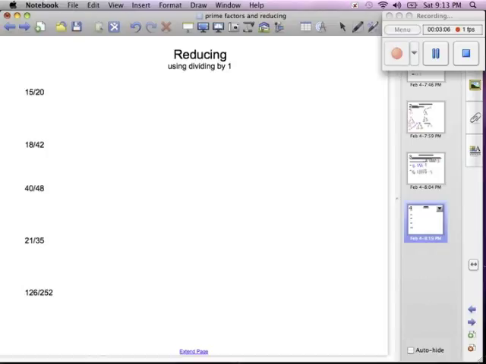So when I call this reducing by dividing by 1, I'm relying on the fact that 5 over 5 equals 1. That's why this works. We're going to divide by 5 over 5, but we're really just dividing by 1, so we're not changing the answer. 15 over 20.